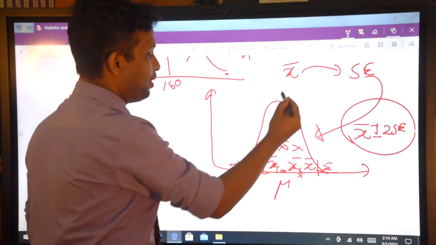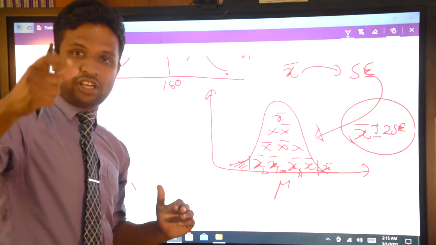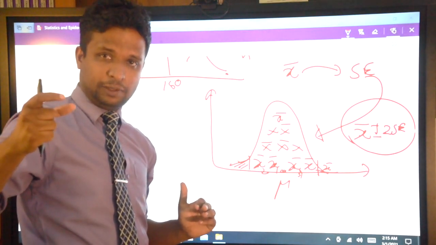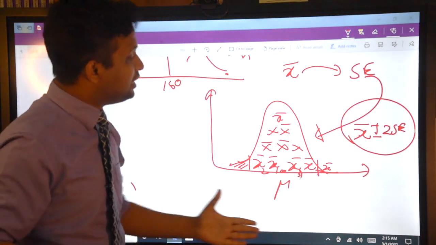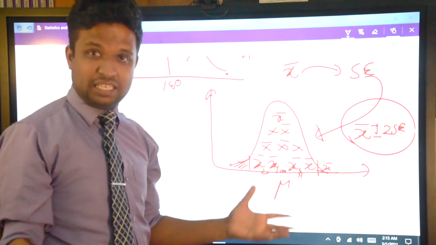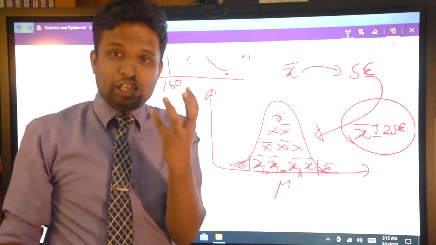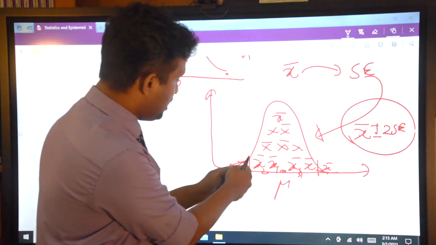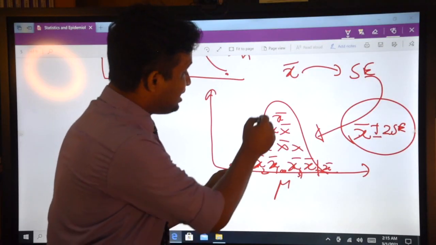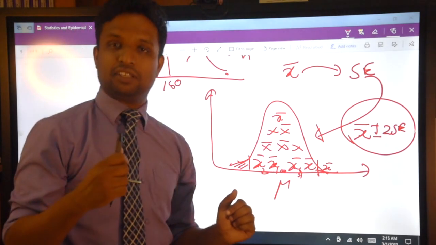So our x bar can be any of these. Confidence interval says that there is a 95% probability that this x bar is in the central region of the sampling distribution.